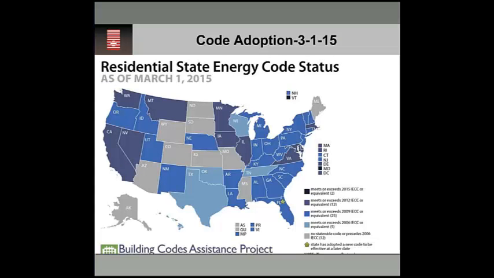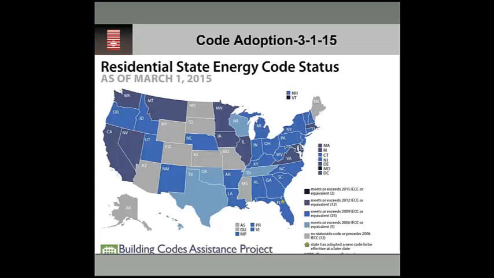As of 3/1/15, this is the current status of code adoption in the U.S. And it's a little hard to see because some of these colors kind of mesh in there. But we've got kind of a mix and match between the 2015, the 12, the 9, and the 6, and then some states with no adoption at this point, or maybe some of the older code that precedes the 2006 I-codes.